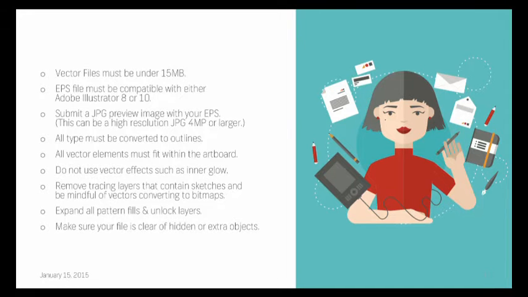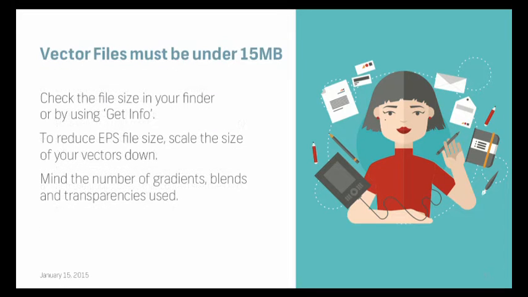We want to accept vectors that are completely 100% editable, so having those things in your vector files does not pass that. Make sure to expand all of your pattern fills and unlock layers. We want everything to be accessible and easy to use. And finally, make sure your file is clear of hidden objects. So let's dig a little deeper into these topics.